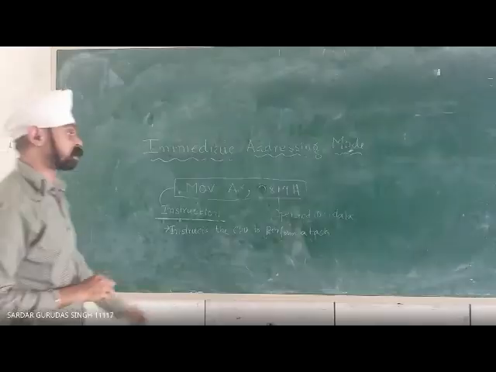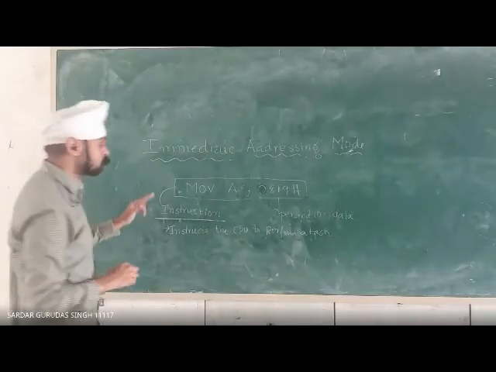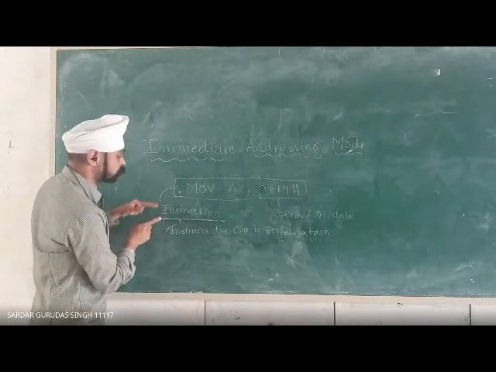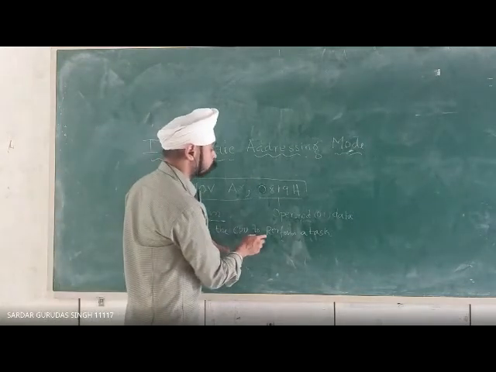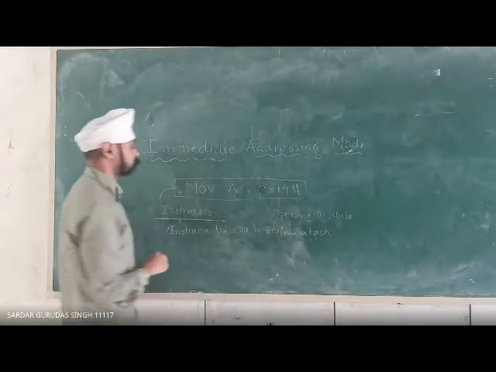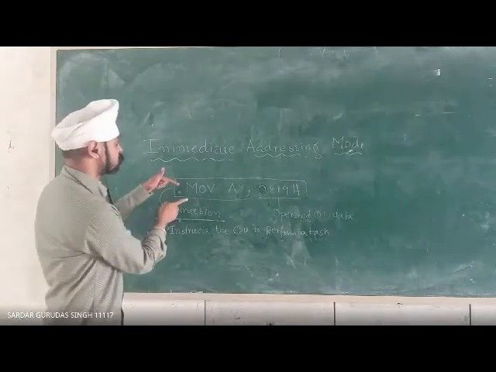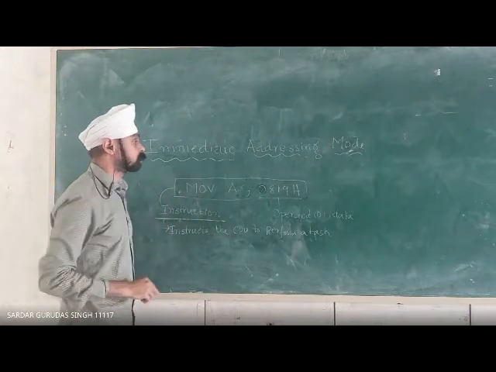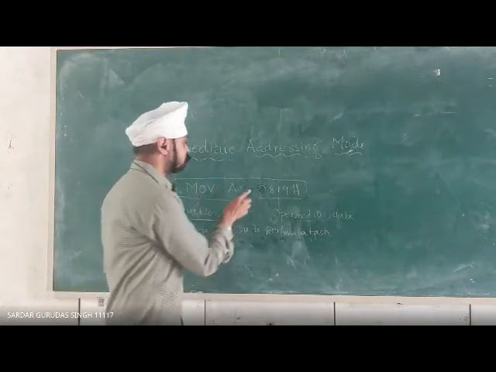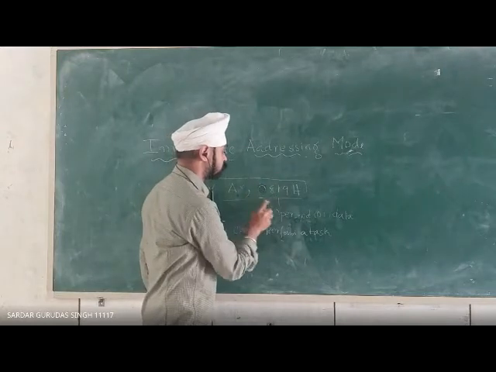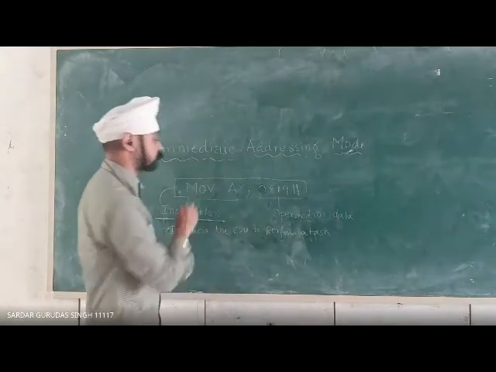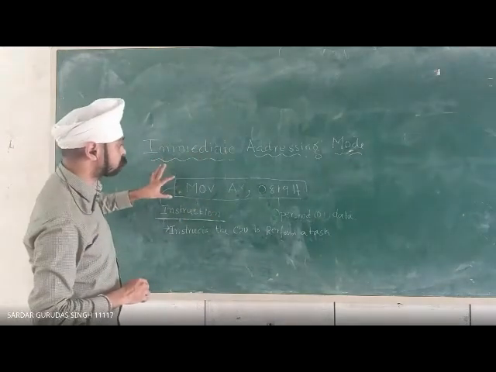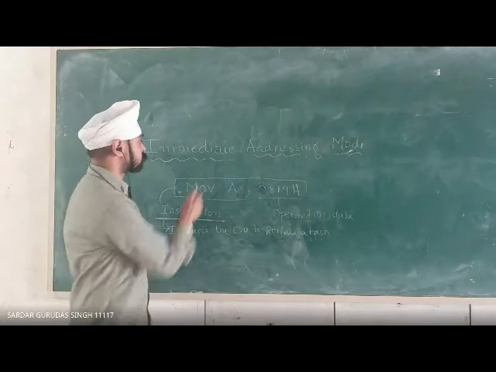So this is the definition of instruction: it instructs the CPU to perform a specific task. What will the move instruction do? It will simply move this data into the AX register. So the addressing mode that we are using here is immediate addressing.